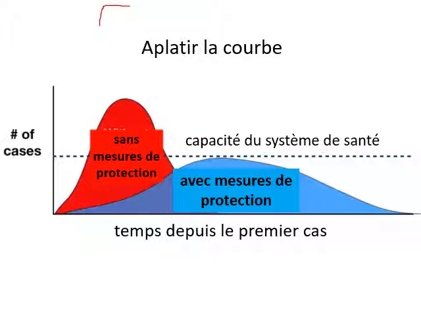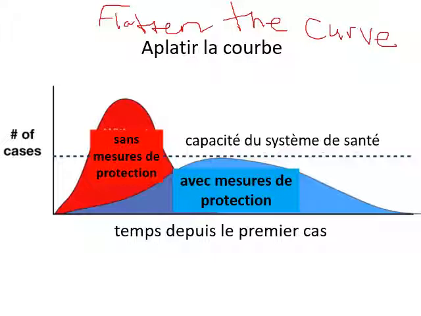You may have heard of the term flatten the curve, in which health workers were trying to get people to be careful so that not a lot of people got sick at the beginning of the pandemic, so that the hospitals wouldn't be overwhelmed with people, because there aren't enough doctors and nurses and beds and supplies if everyone gets sick at once, like in this first scenario.